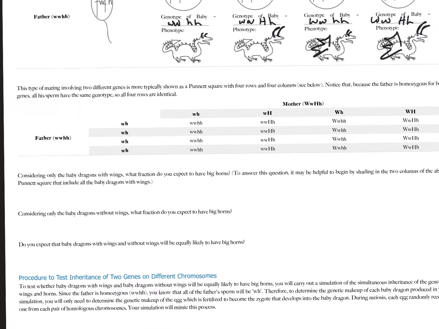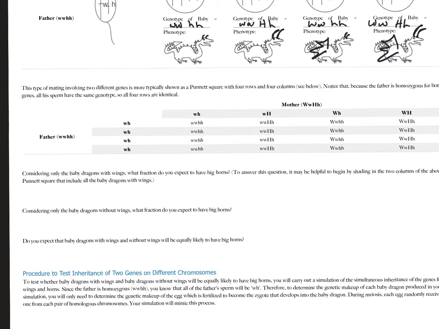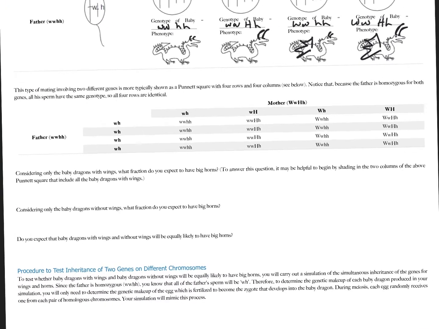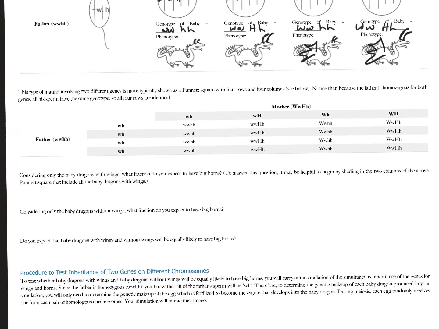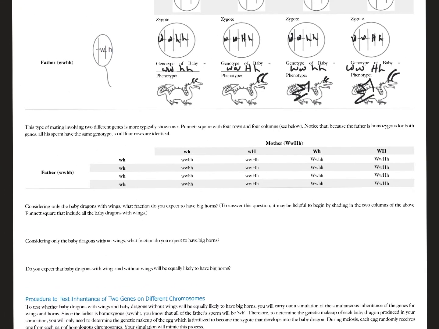So this type of mating involves 2 different genes, and here's the Punnett square for all 4. Now you don't need to do all 4, right? I told you all you really need to do is one row because the percentages are going to be the same. 4 out of 16 is the same as 1 out of 4, correct?